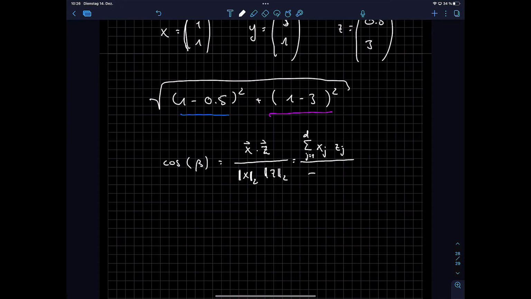Here we have the sum over all the elements in each vector with a squared value, and the square root of it again. But this is just math, one possibility for how the cosine can be calculated.